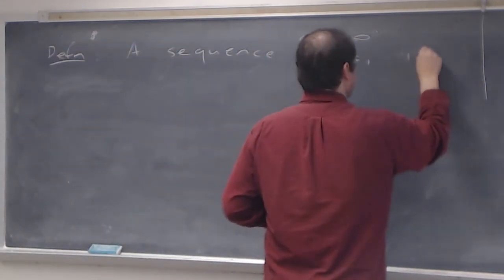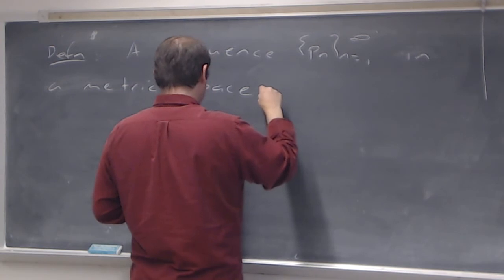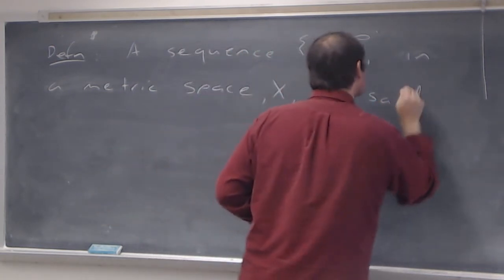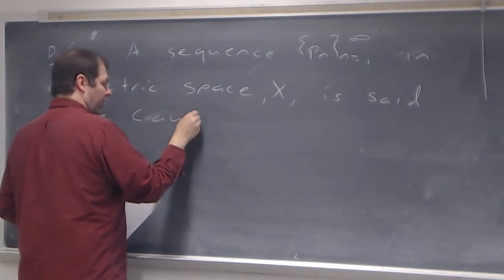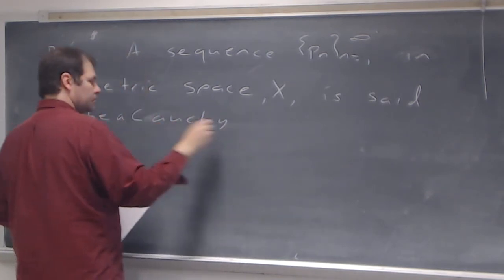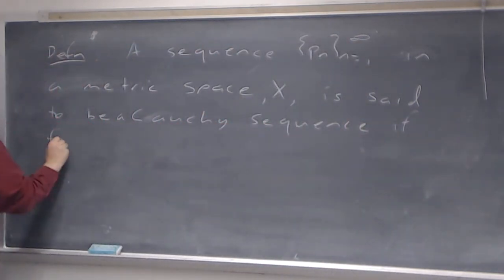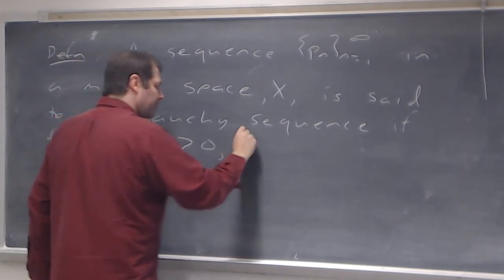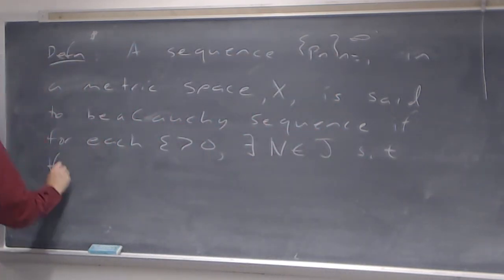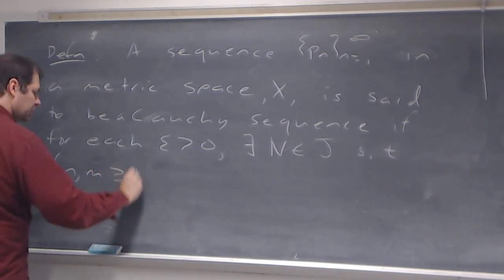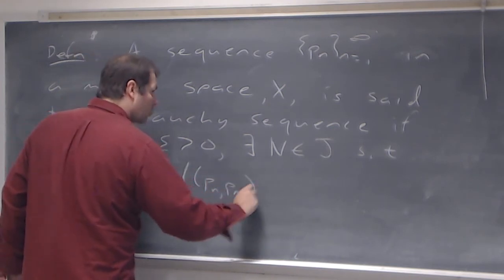A sequence p sub n in a metric space S is said to be Cauchy, or a Cauchy sequence, if for each epsilon greater than 0 there exists a big N, an element of the natural numbers, such that for all little n and little m bigger than or equal to big N, the distance between p sub n and p sub m will be less than epsilon.